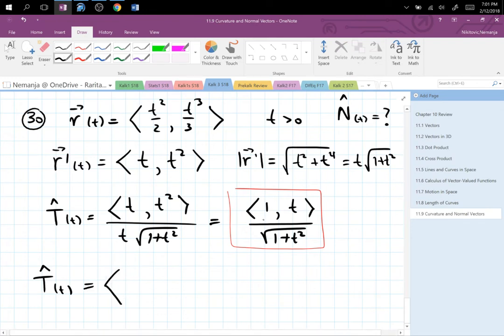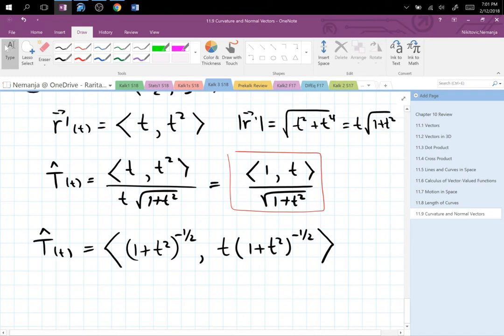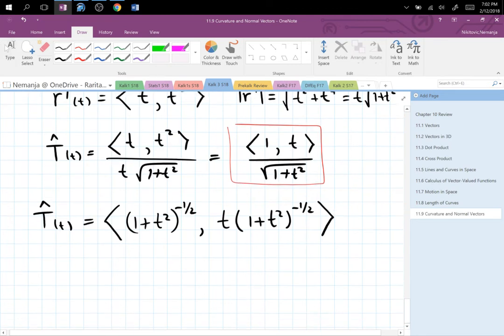That's going to be 1 plus t squared raised to the negative 1/2. The half is for the square root and the negative to bring it up in the numerator. And then, comma, t times 1 plus t squared to the negative 1/2 again. And now this one is a product rule.